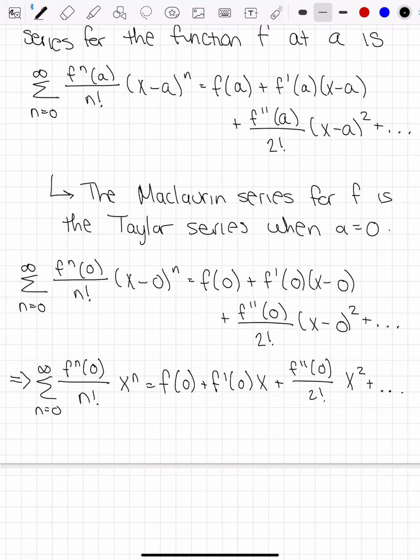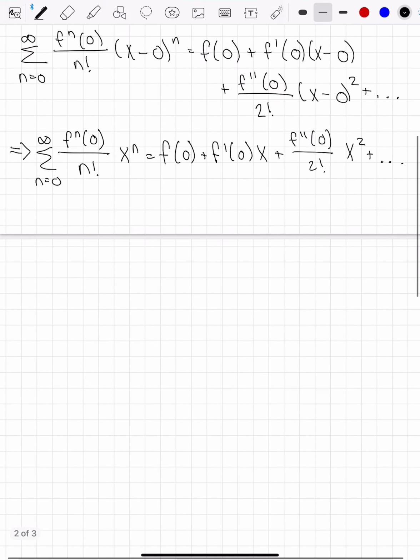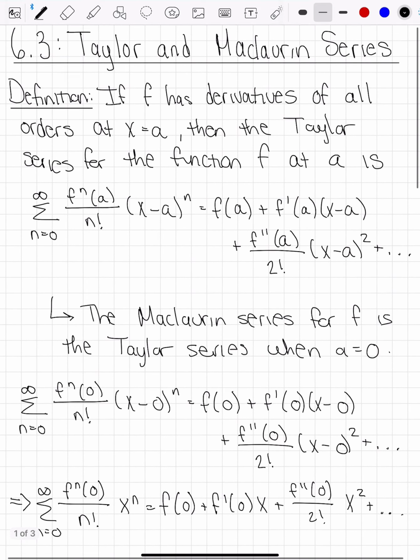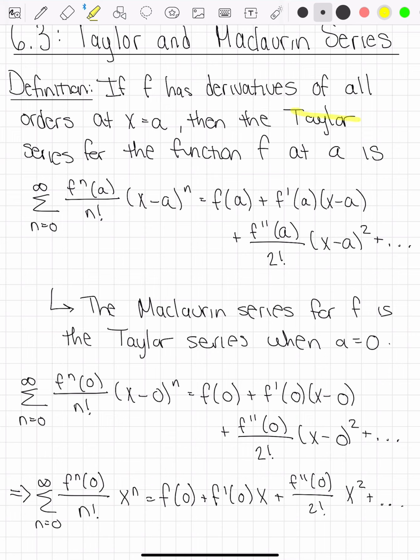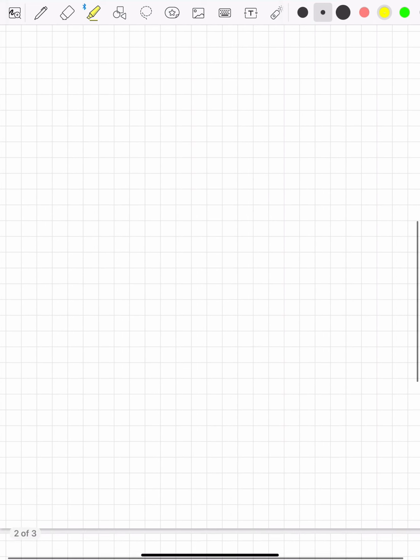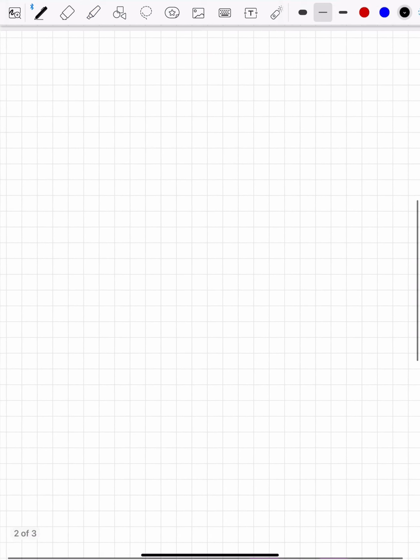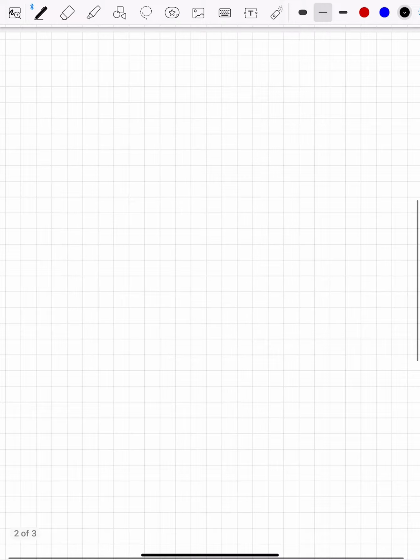So the same way that we used partial sums for infinite series, we'll use them in a way for Taylor series. So basically what we do is we come up with a bunch of Taylor polynomials, and that's the fancy name for the partial sums for Taylor series.